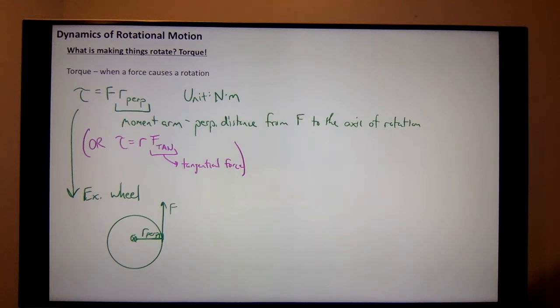In fact, you might be thinking, well, that seems like a great way to spin a wheel. That's where I might apply a force if I want to make it turn around counterclockwise. But what happens if we change things a little bit? Maybe instead of applying the force like that, we decide to, again, let's put the axis here. Let's apply a force at this point, but sort of pull on it out this direction.